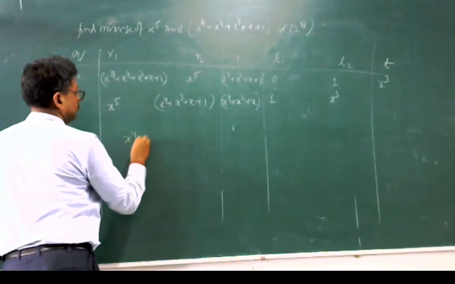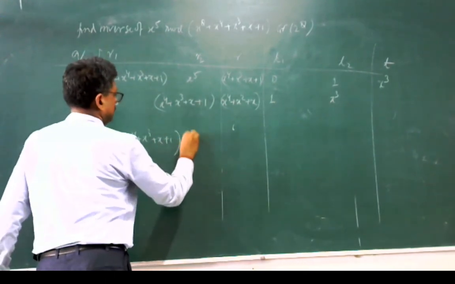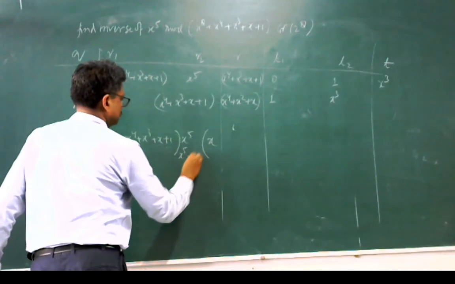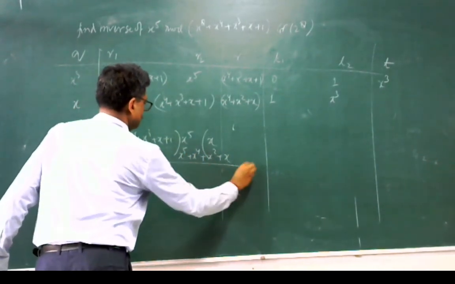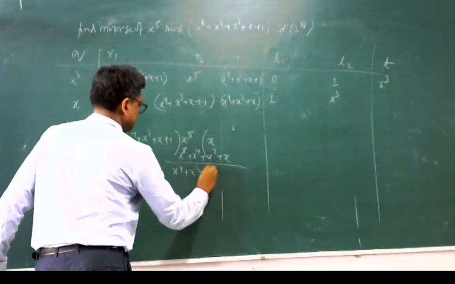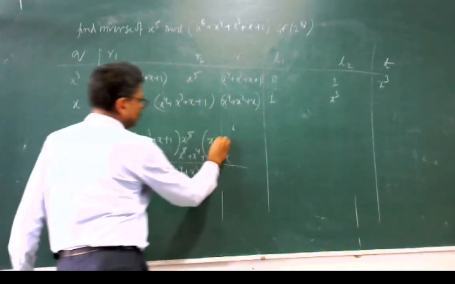X to the power 4 plus x cube plus x plus 1, x to the power 5 will go x times, so x to the power 5 plus x to the power 4 plus x square plus x. So we will be left with x to the power 4 plus x square plus x. Now this is still above that, so it will go one more time.